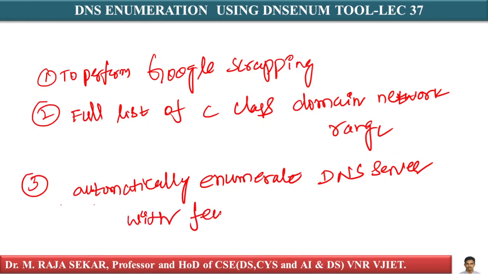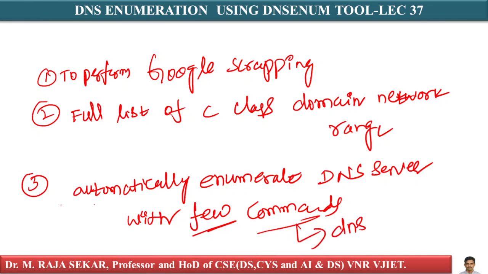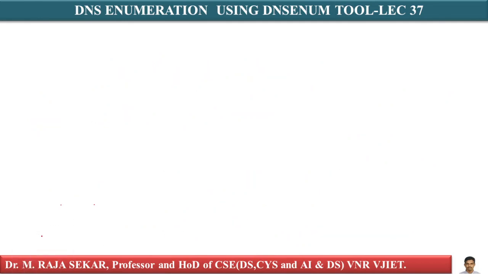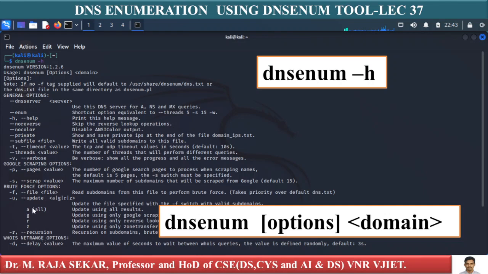You need not use many commands; with only a few commands you can perform this task. One such tool is the DNSenum tool. First, let's try to understand what this is.